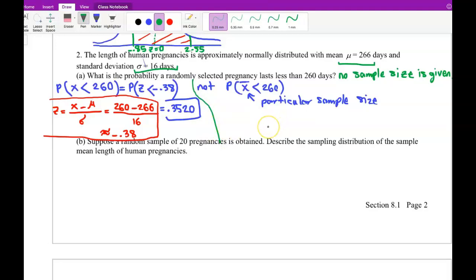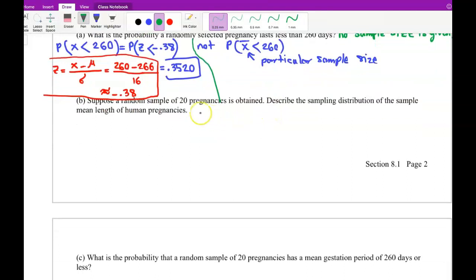Then part B, suppose a random sample of 20. So here the sample size is 20, and we need to describe the sampling distribution of the sample mean length of human pregnancies.